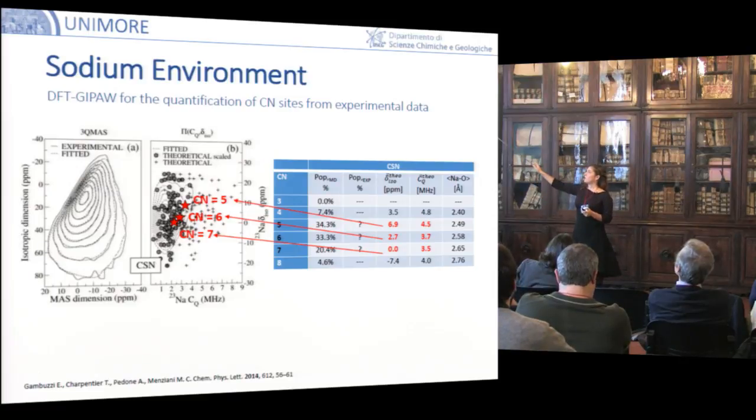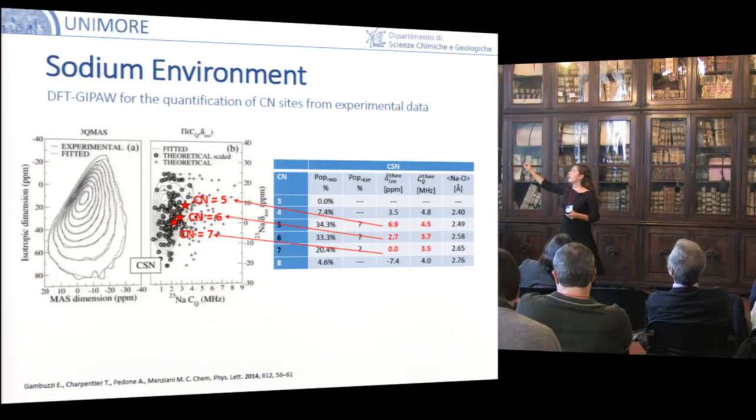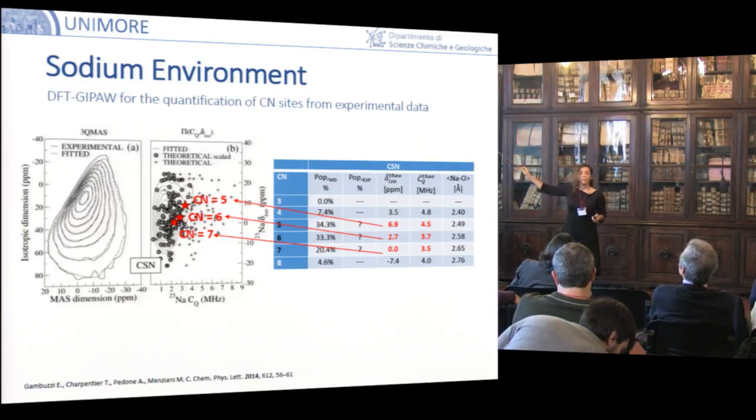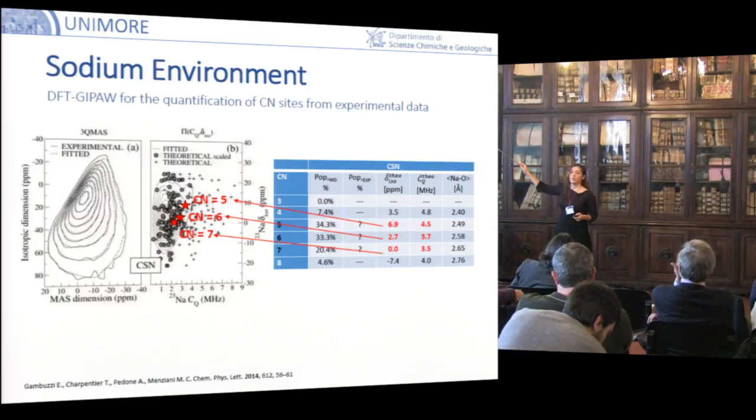Here you can see the theoretical values of isotropic chemical shift and quadrupolar coupling constant for the most populated sites in our MD-derived model, because we cannot consider reliable a theoretical calculation based, for example, on a population of 10 atoms.